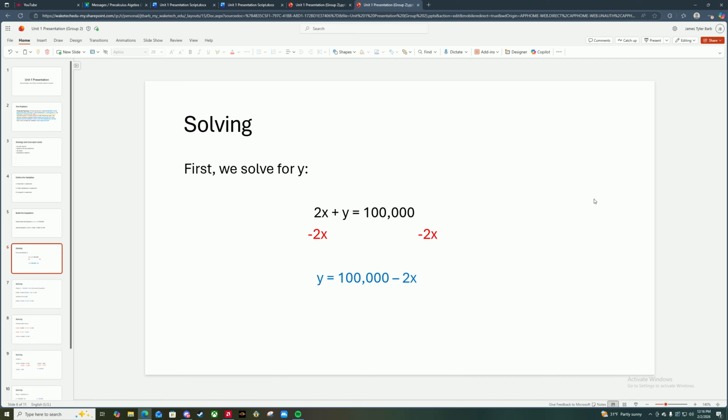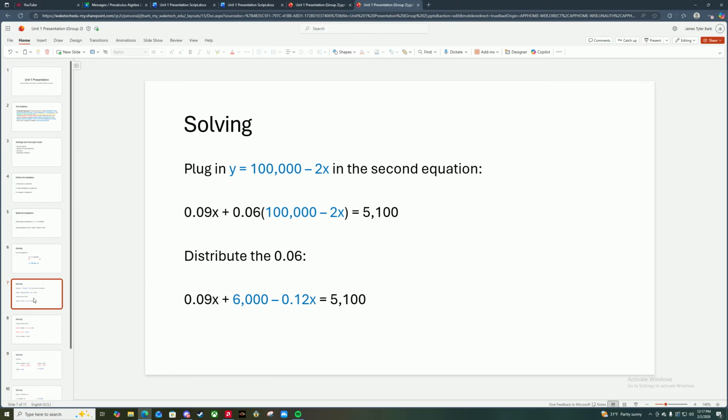So for the first equation, we're doing 2x plus y equals 100,000, and we're going to separate the y from the rest of the equation. So we're going to take off the 2x and move it onto the other side with the 100,000, leaving us with y equals 100,000 minus 2x.